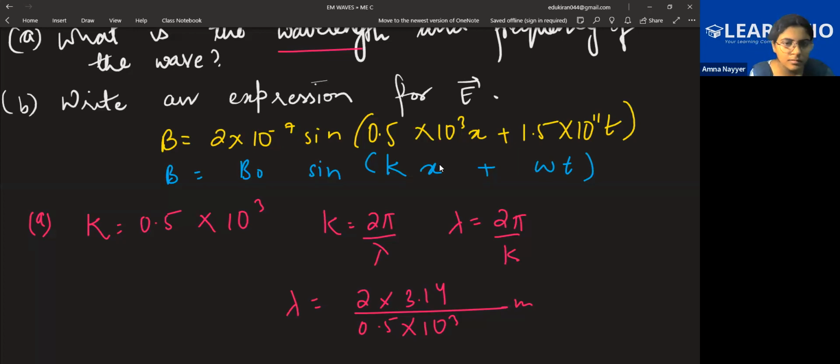Are you asking the formula? You don't know. What happened, Taha? You were not listening. No, ma'am, I was asking, were you asking the formula? No, I'm saying out of all these, how should I get frequency? Wavelength, I told you how to calculate. How will I get linear frequency? It's asked in the question.